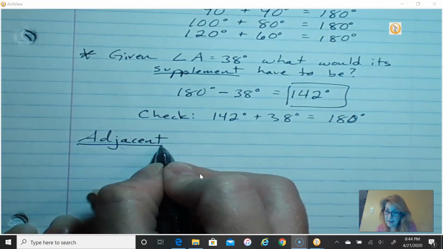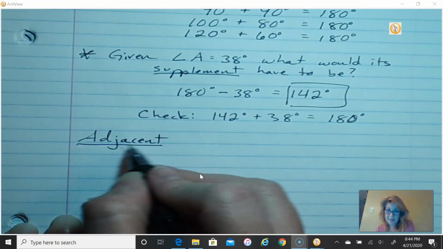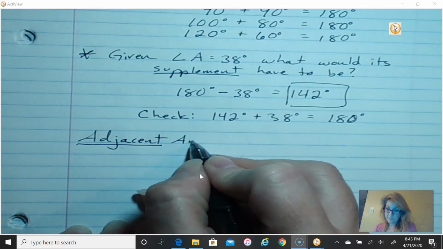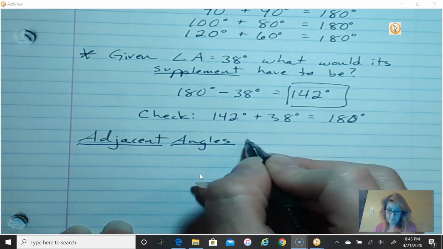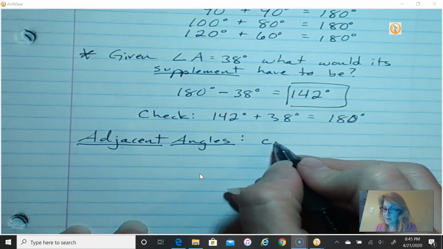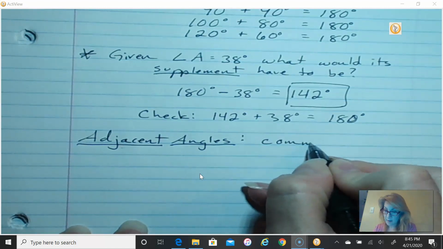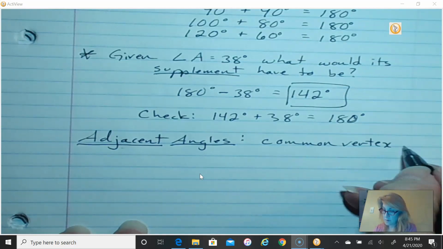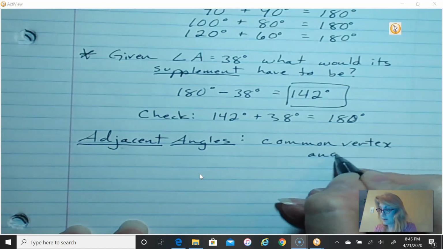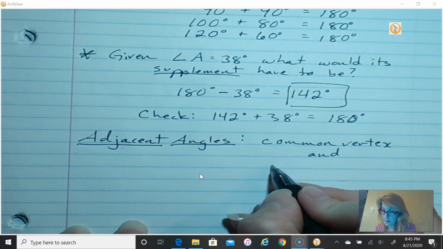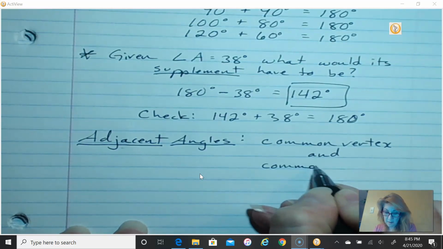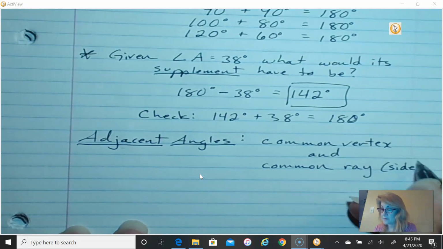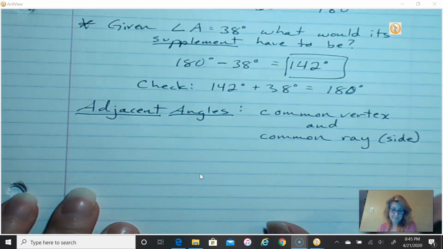Adjacent angles. Adjacent angles. They have a common vertex and a common ray, or you can say side. Okay?